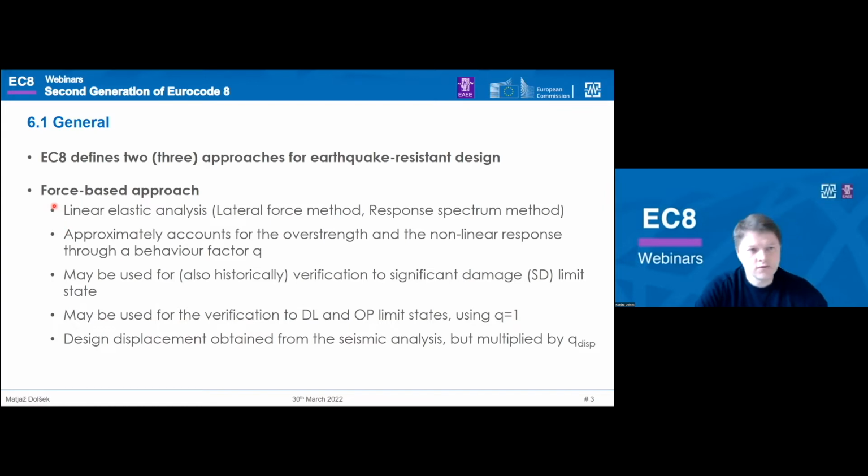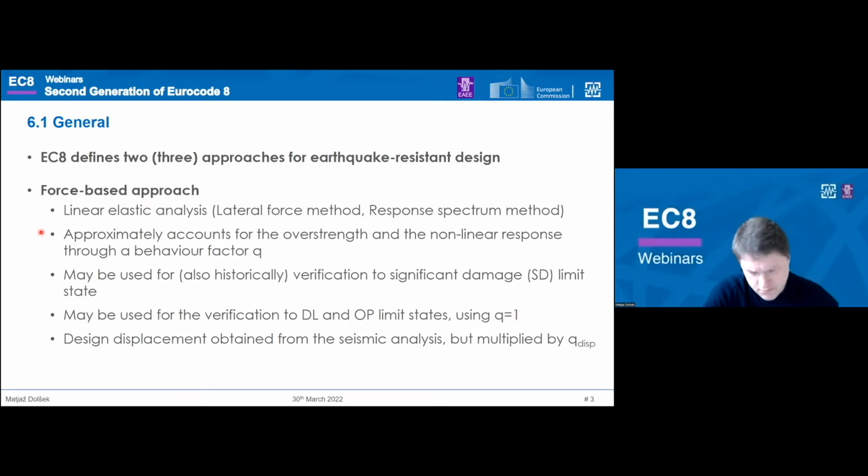We all know that the force-based approach is based on linear elastic analysis, and the code prescribes two types of linear elastic analysis, a lateral force method and response spectrum method. Because it is a linear elastic analysis, we are aware that it should approximately account for the overstrength and the nonlinear response through a concept of reduction of seismic forces, which is in Eurocode introduced by the behavior factor.